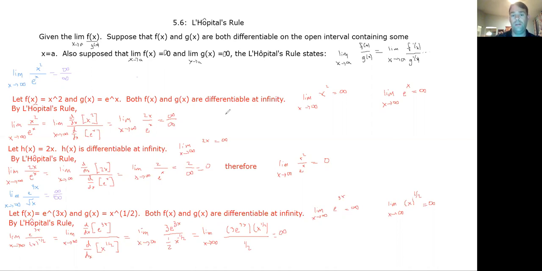This does equal infinity. Therefore, there's going to be no limit. But let's set that up real quick.